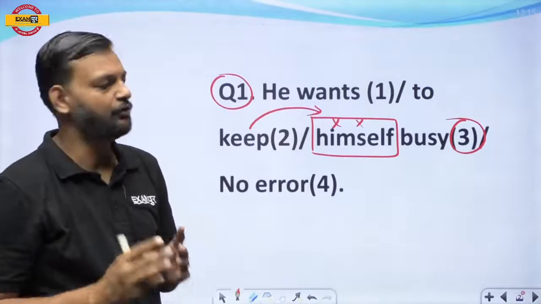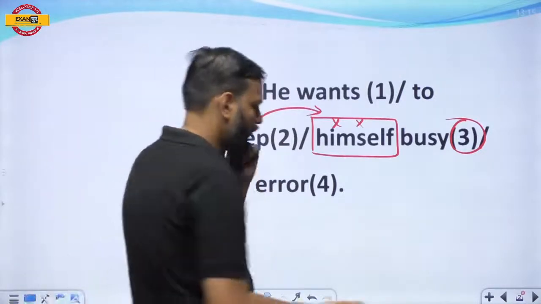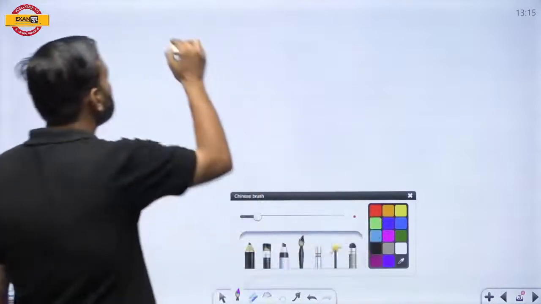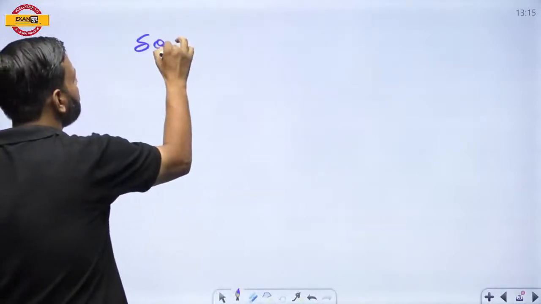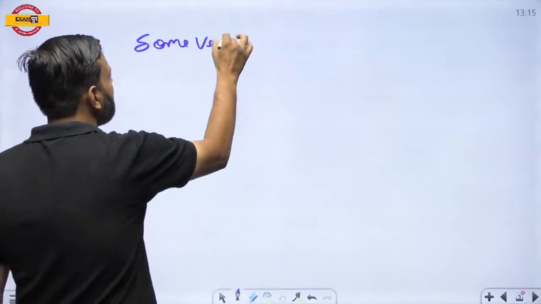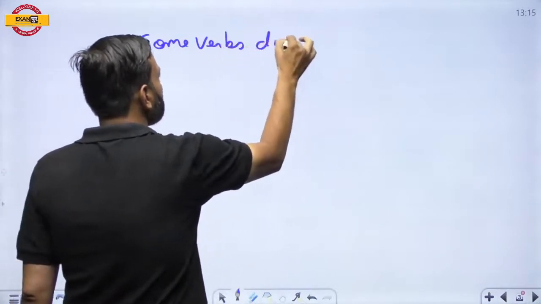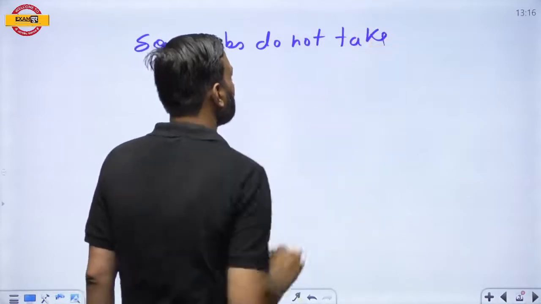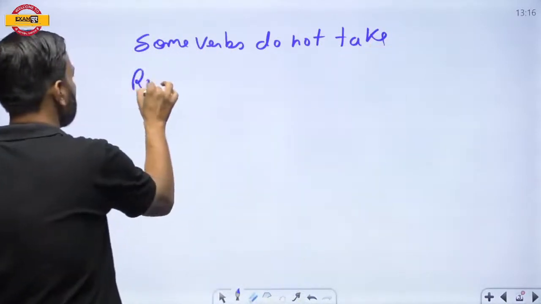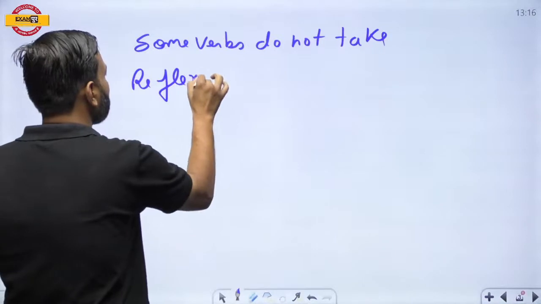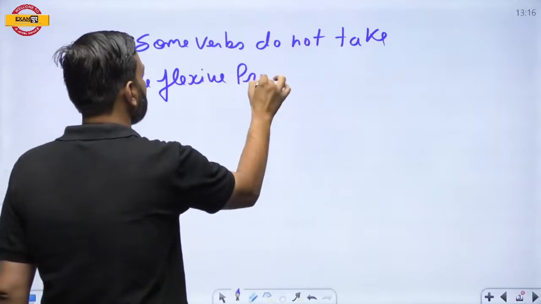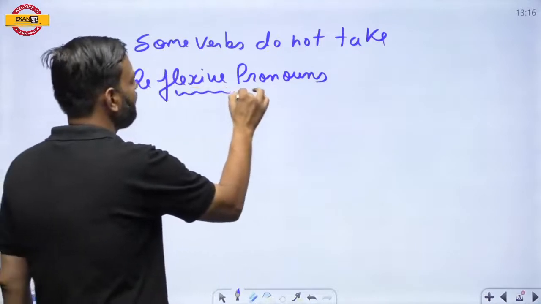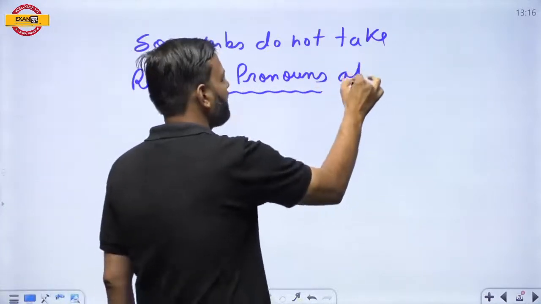Now let me tell you the concept behind this question. The concept is: some verbs do not take reflexive pronouns after them.